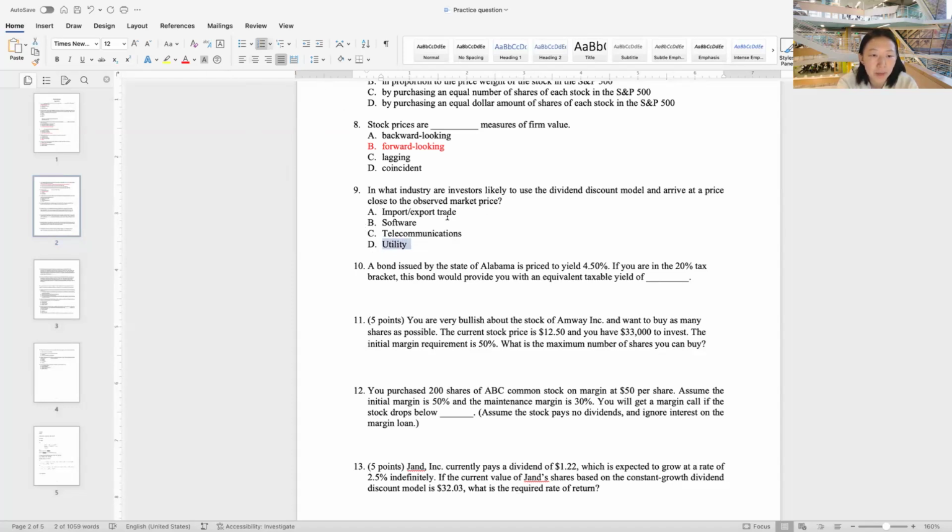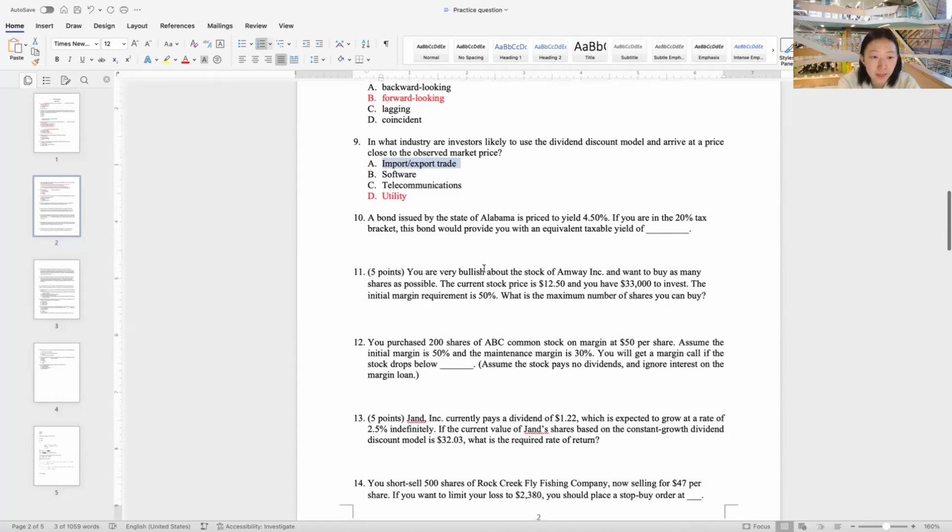So comparing to software, comparing to telecom, which is also a tech sector, I think utility is relatively more stable and mature. And this is import and export trade. I don't think this is an industry.